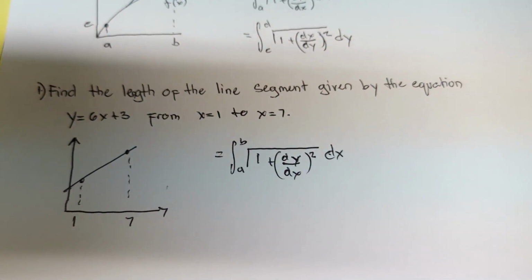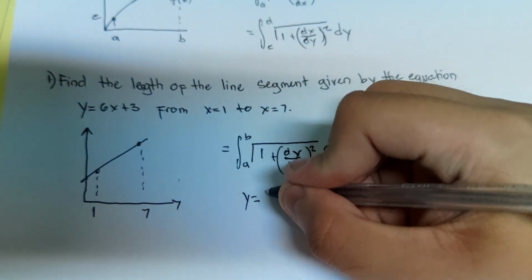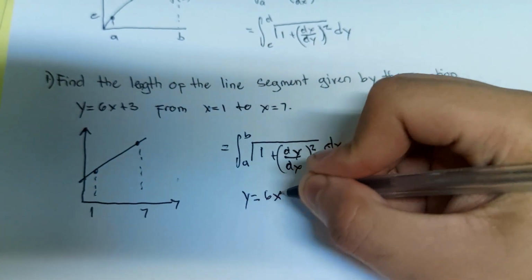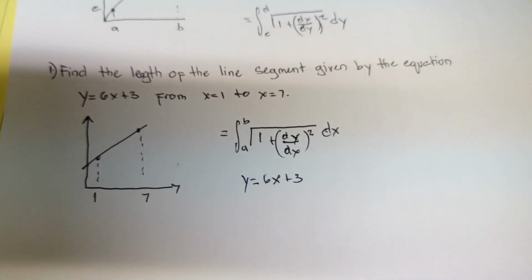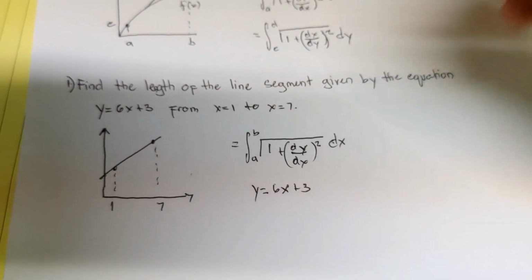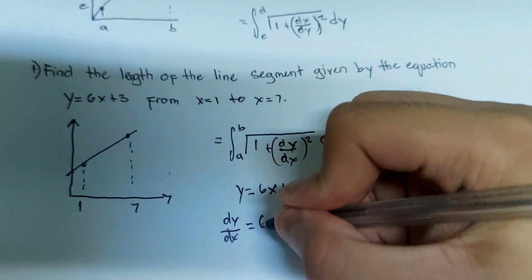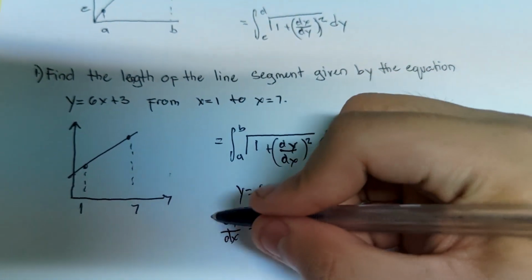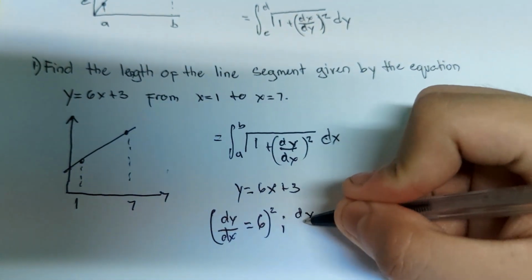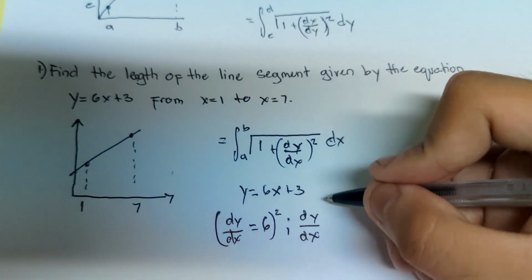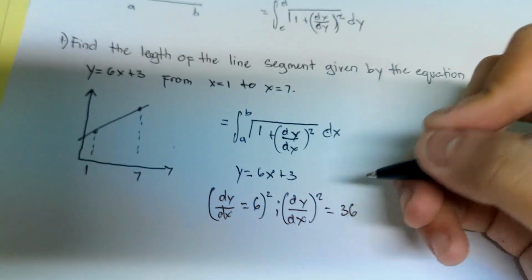Here we can substitute our y, which equals 6x plus 3, and our dy over dx, which is 6, and then it's squared. So (dy over dx) squared equals 36.